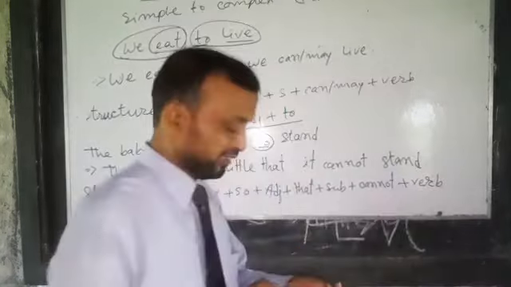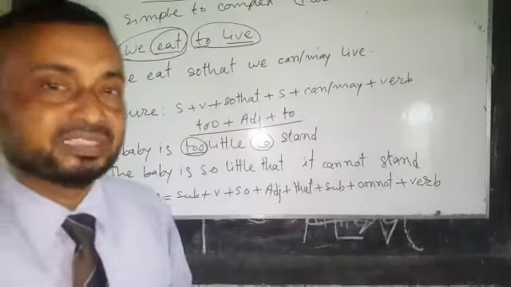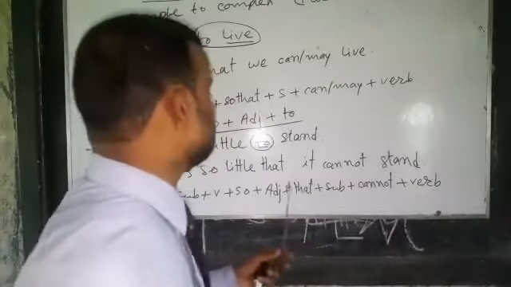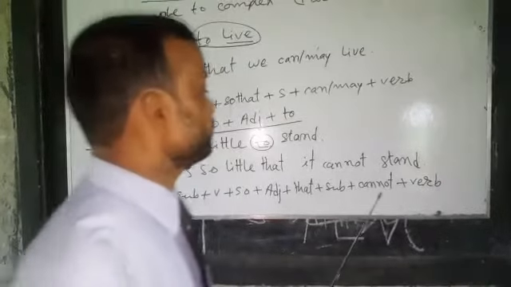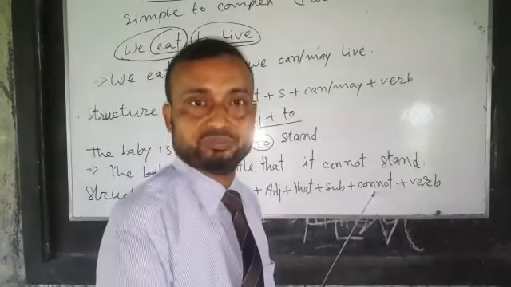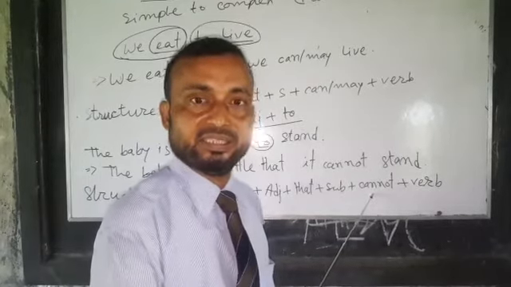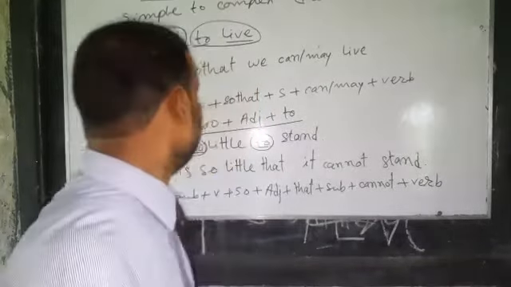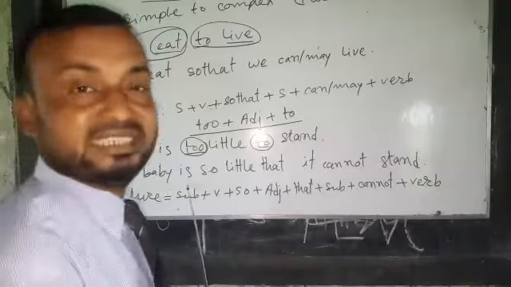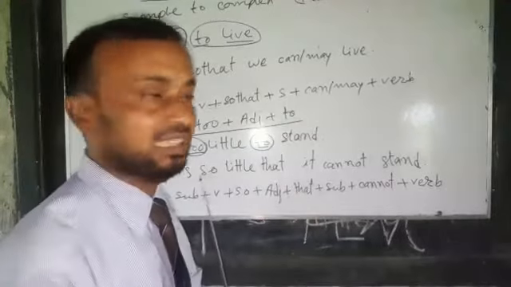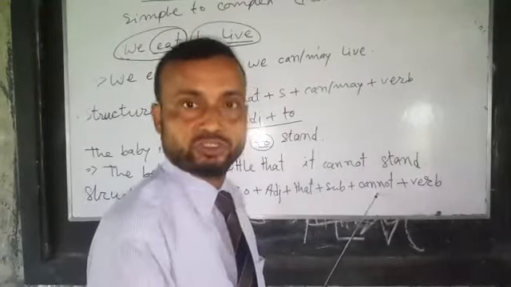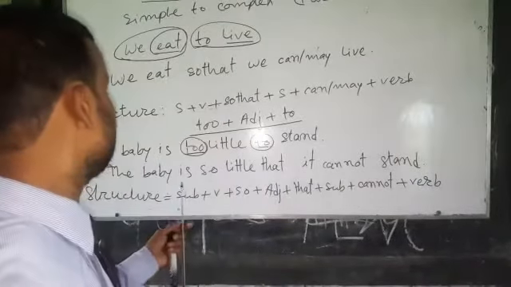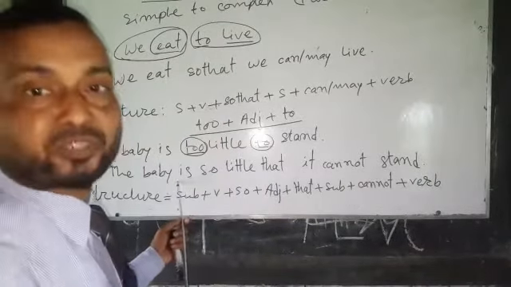My dear students, follow. If the sentence is in past tense, then we have to use here "could not". Understand? Again I am saying, if the simple sentence is in past tense, then we have to use here "could not", and here we have to use the past form of the verb.